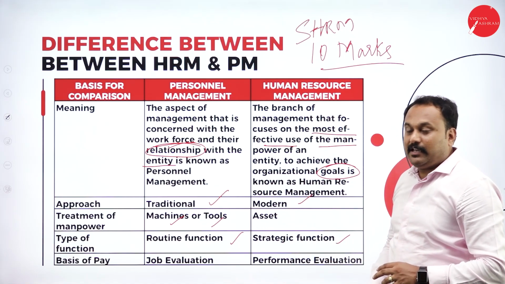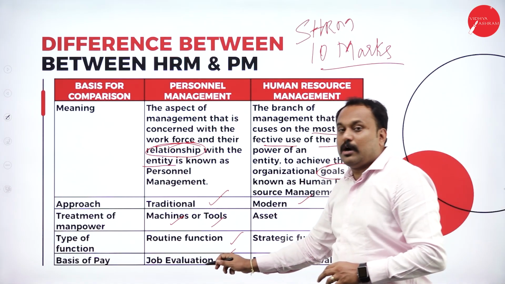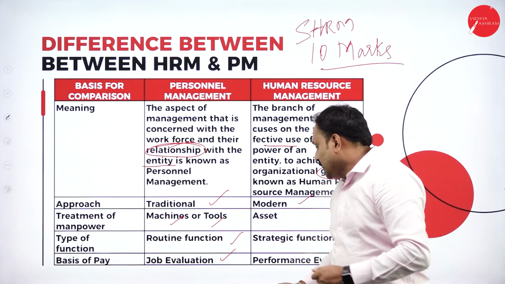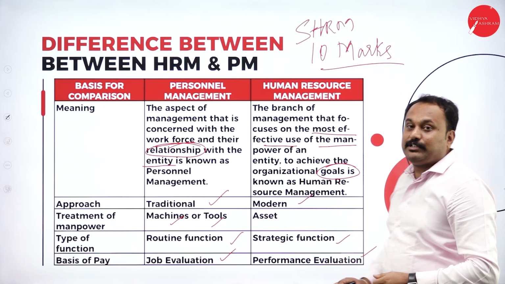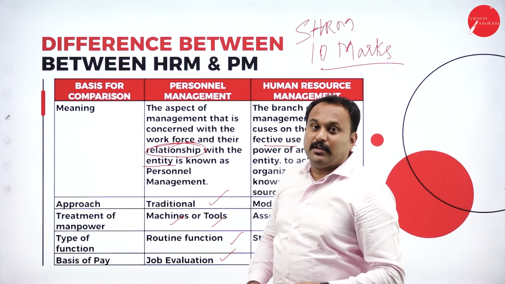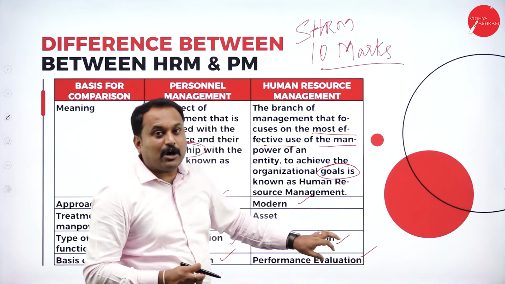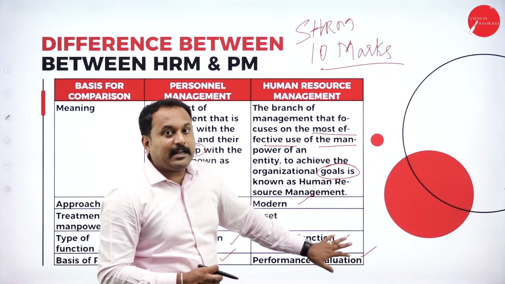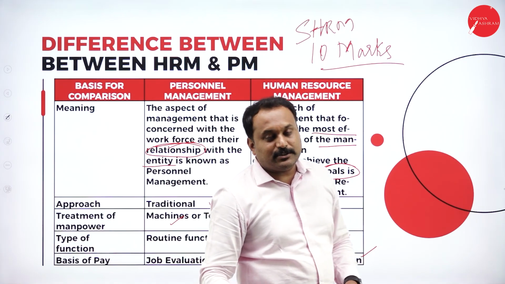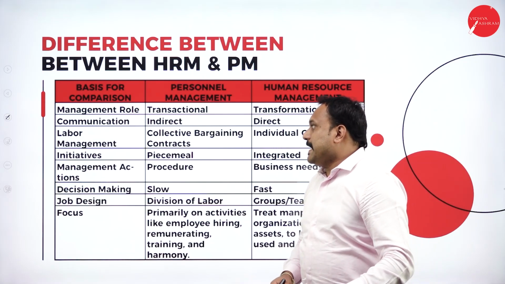Now basis of pay, here what happens is, because of job evaluation they get paid. Here performance evaluation happens. See, it is not just about I work and I get paid. It is all about how do I work, how efficient I work, and then I'll be getting paid. That is what HRM is all about. Next is management role.